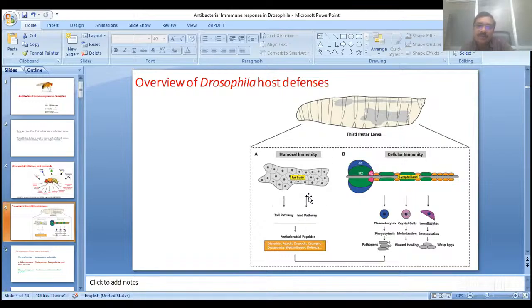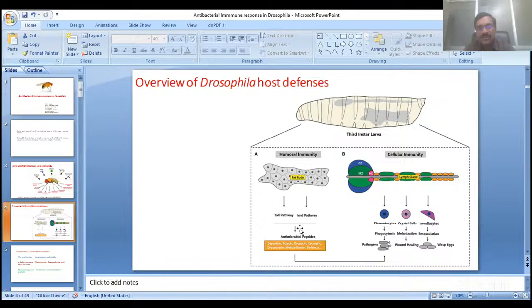In humoral immunity, we have the fat body, which is similar to the human immune organ system, and it expresses antimicrobial peptides, which are similar to what are called antibodies in humans. These antimicrobial peptides are very small peptides.